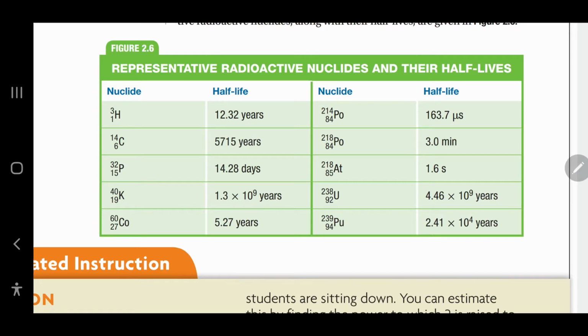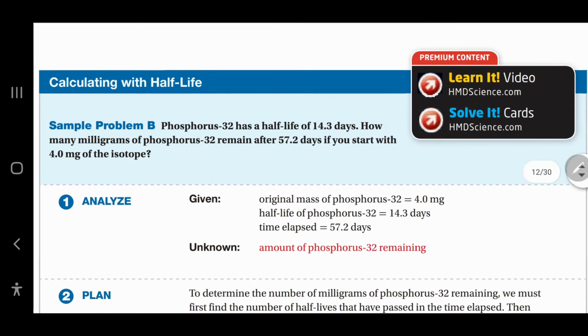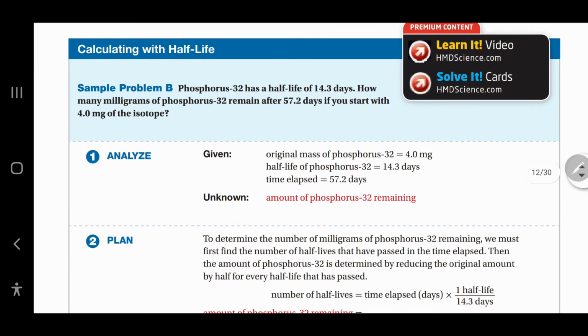Now, we're going to see some examples of the calculations related to the half-life. In this example, as you can see, phosphorus 32 has a half-life of 14.3 days. How many milligrams of phosphorus 32 remain after 57.2 days if you start with 4 milligrams? So here we have the total period of 57.2 days and the half-life is 14.3.